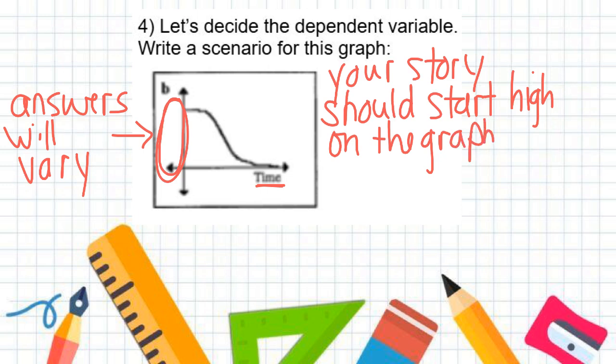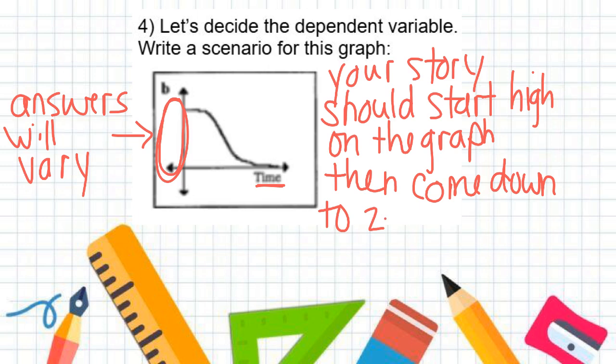So if you're talking money, you have lots of money. If you're talking height, you have lots of height. If you're talking distance, you have lots of distance. And then come down to 0 at the end.